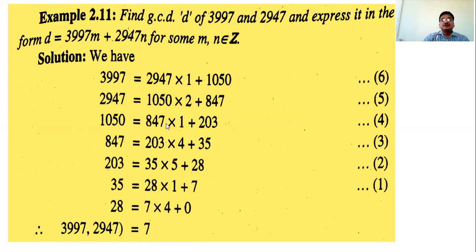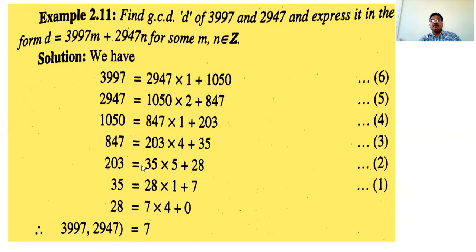Using a calculator, if we divide 1050 by 847, the quotient is 1 point something. Then divide 847 by 203. We have 4 point something, so 4 is the quotient, and 847 minus 203 times 4 gives the remainder 35.